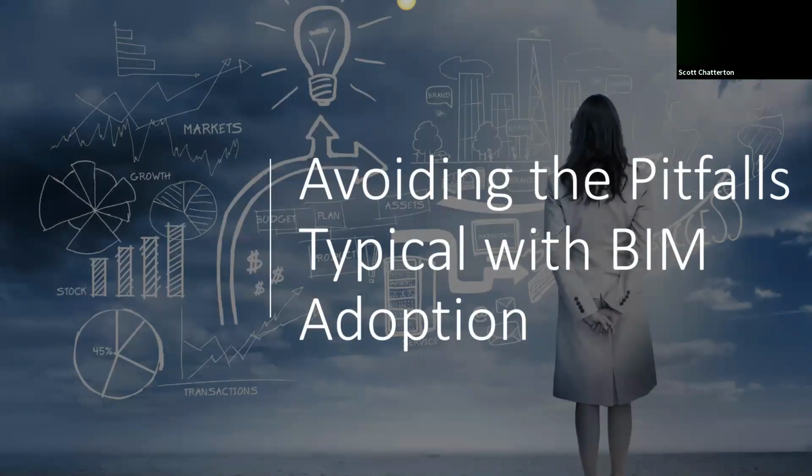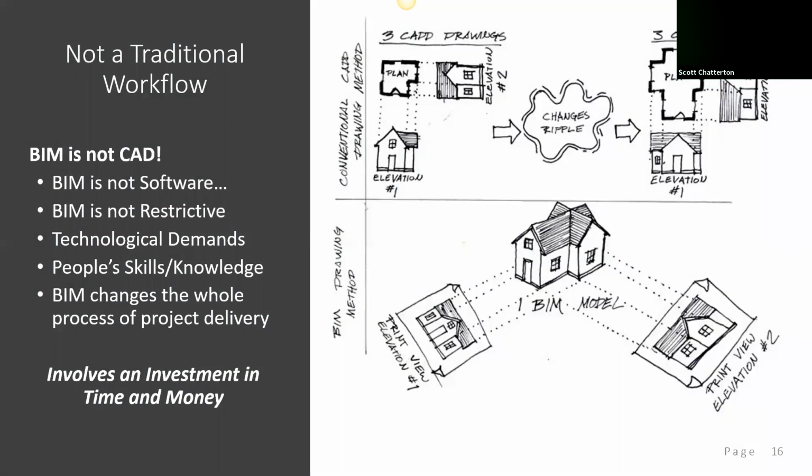So how do we avoid the pitfalls typical with BIM adoption? I've seen this, and I've explained this to a number of people when I implement BIM: look out for these key aspects. The main one that I come across is it's not a traditional workflow, right? BIM is not CAD, and I've done both.